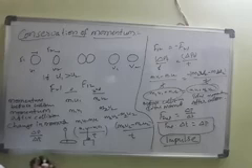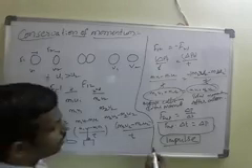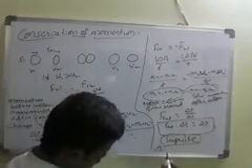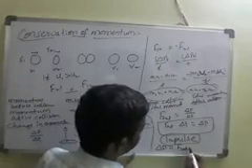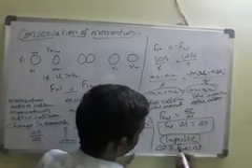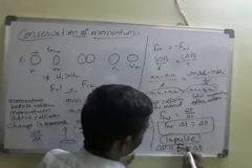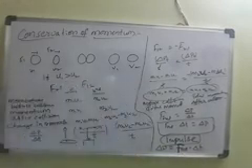So delta P is equal to F net delta T, and here the force will be more.